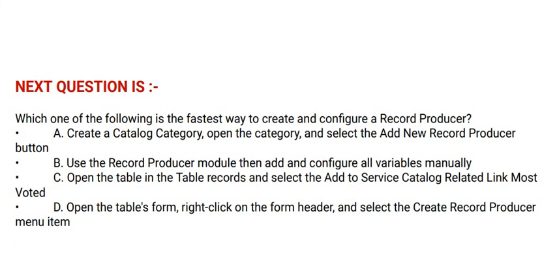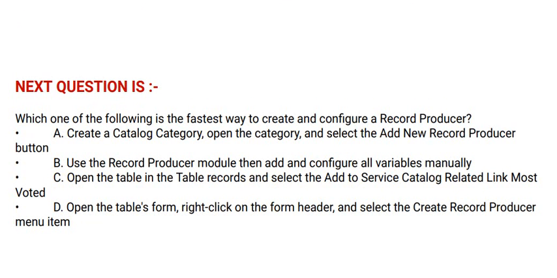Next question is, which one of the following is the fastest way to create and configure a record producer? Option A, create a catalog category, open the category, and select the Add New Record Producer button. Option B, use the record producer module, then add and configure all variables manually.